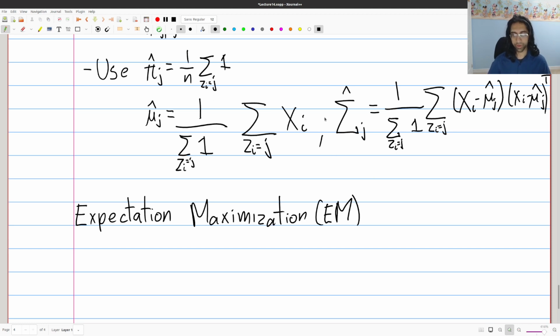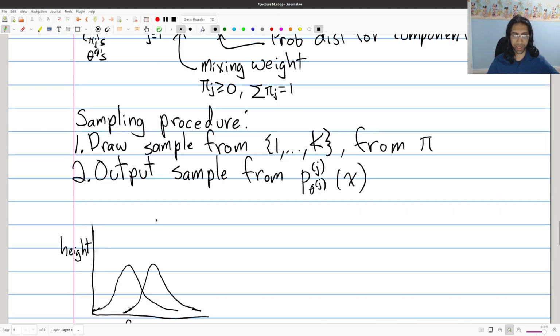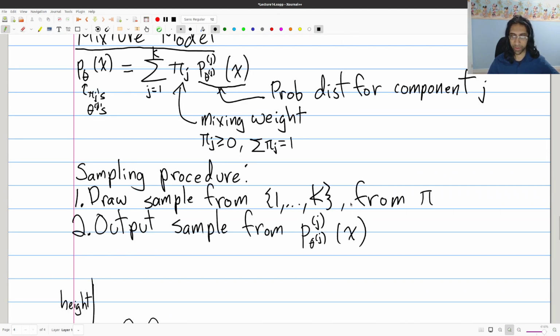I'll describe it a bit more broadly at first, but it can be used for estimation in any sort of latent variable model. A latent variable model is a fancy way of saying that you draw samples and there's some randomness in the process, but you don't see those variables. The EM algorithm tries to guess what these unseen variables are, and then based on the values it guesses, we learn something.